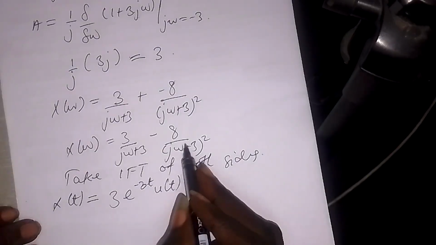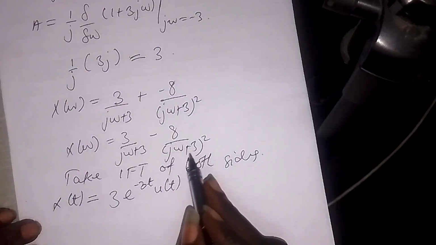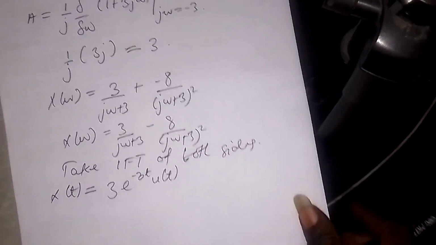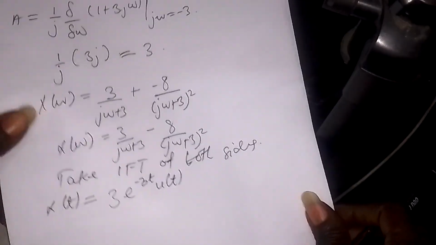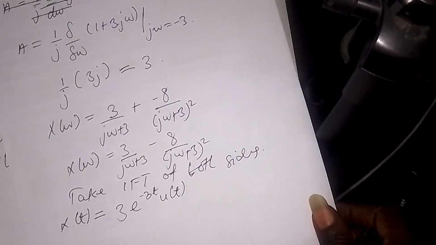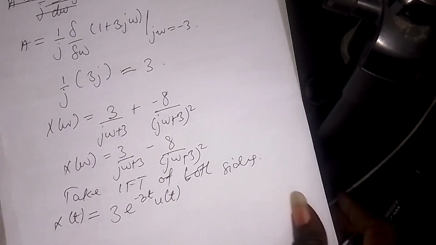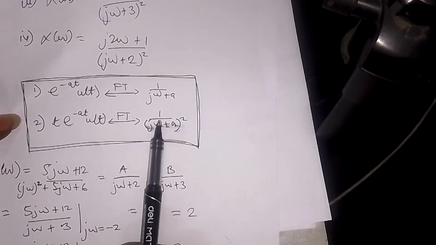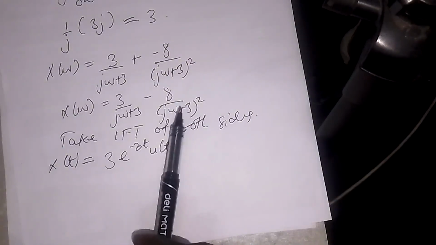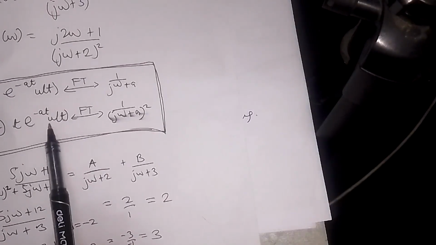Then I'll go to this side. It's similar to what I wrote for you earlier on, because it is squared, and this place is also squared. So that means that I'll be using this approach.